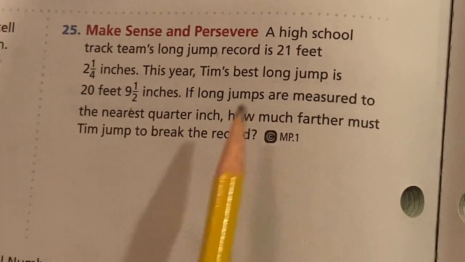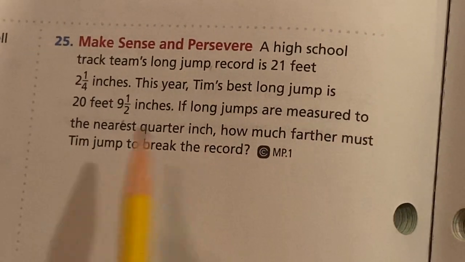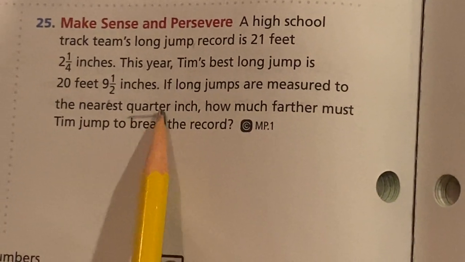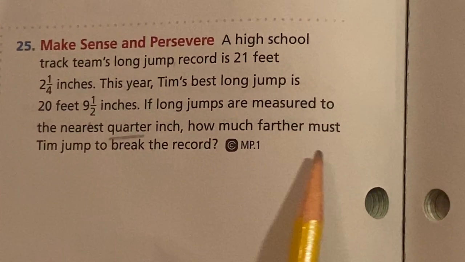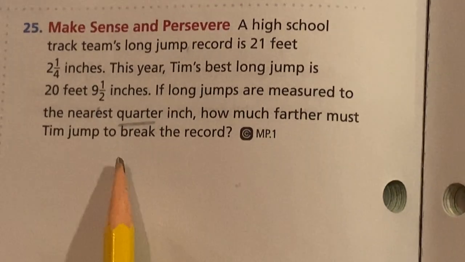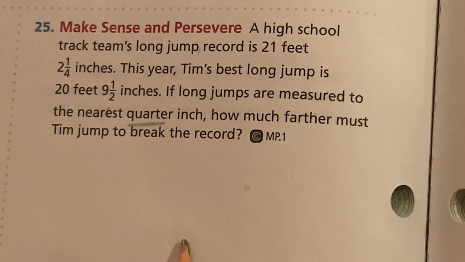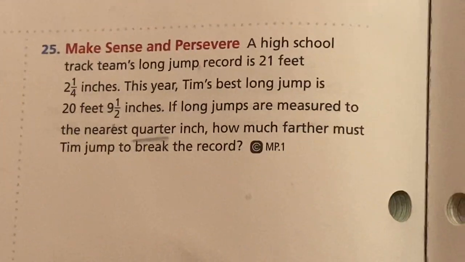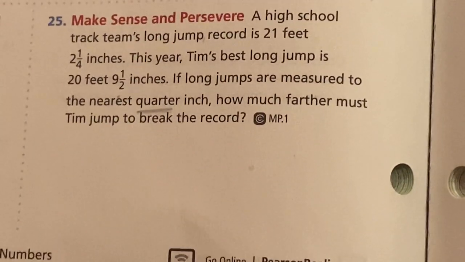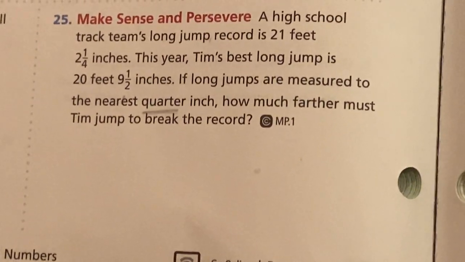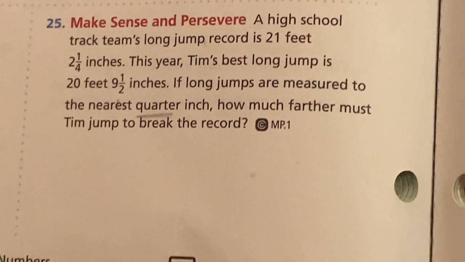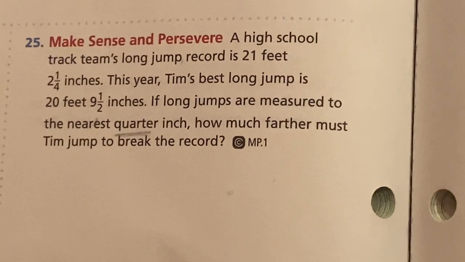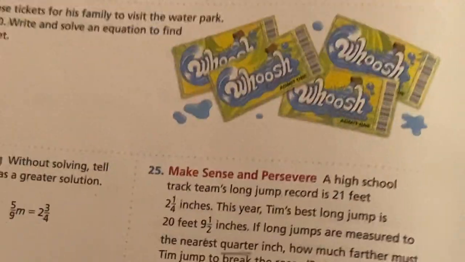So the question is, if long jumps are measured to the nearest 1/4 inch, how much farther must Tim jump to break the record? It's a tricky one. You have to keep the nearest 1/4 inch in mind when you come up with your solution. So work on those 3, pause the video, and when you're done, come back and check your answers.